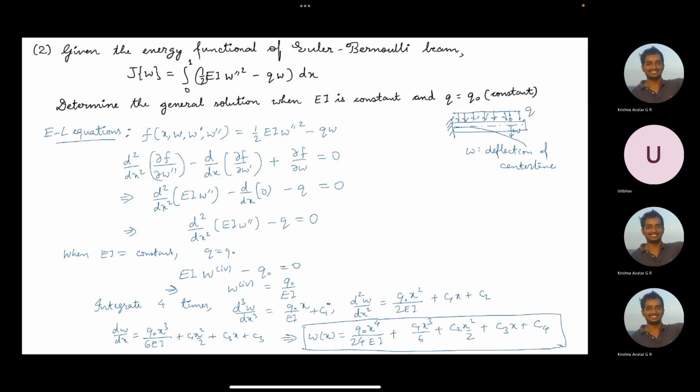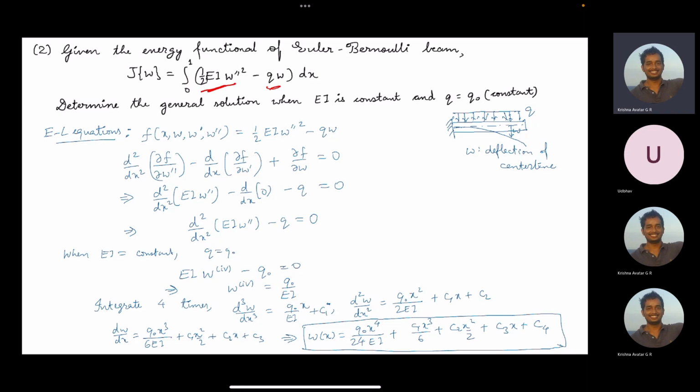Our aim here is to determine the deflection W which minimizes this energy function. The first term contains potential energy, in this case strain energy. The second is work due to external loading.